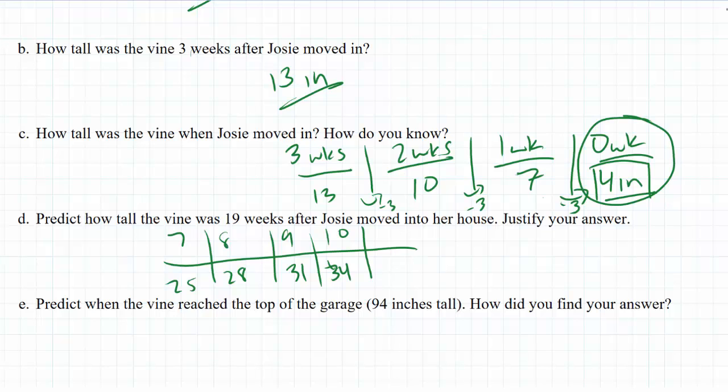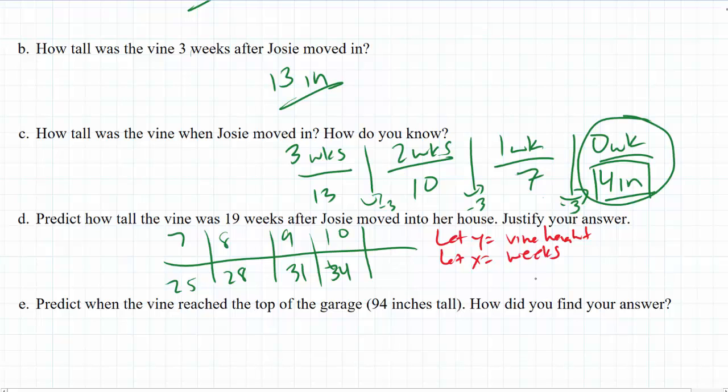So maybe we could say that the rule is going to be, if we let y represent the vine height, and if we let x represent the weeks that Josie has moved in, I think we could set a rule of, let's say, y equals 3x plus 4, because I know at the 0th week, when x is 0, 3 times 0 is 0, plus 4 is going to be 4. So that's how we know that we have this plus 4.